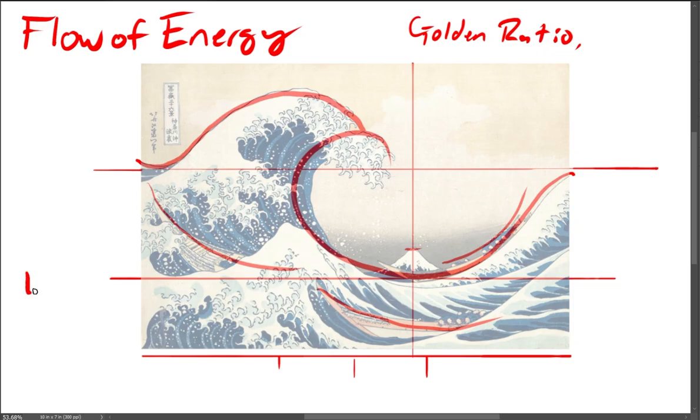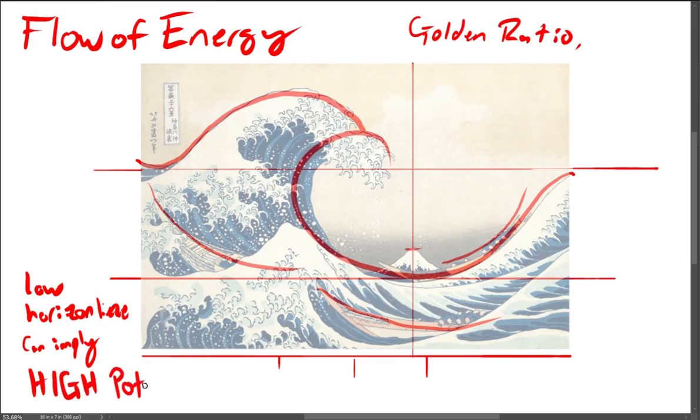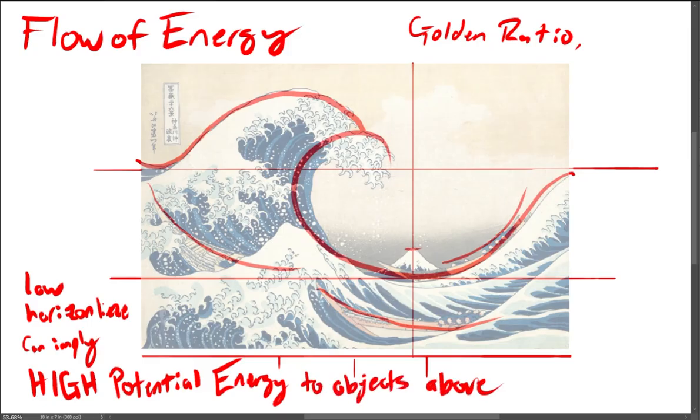It's where it looks like that we're looking at. And this is a very low horizon line. And now what does that mean for this? This can imply very high potential energy for anything above that horizon line.